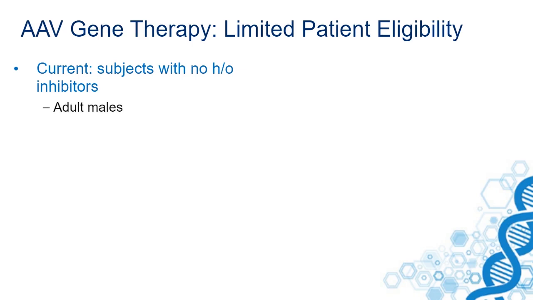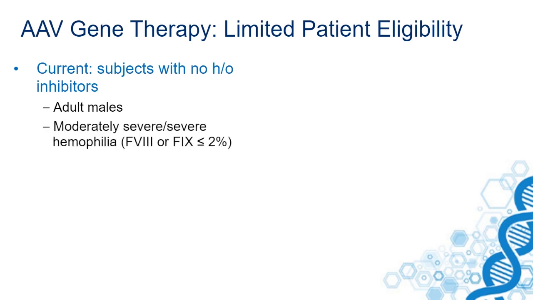They're adult males. For factor VIII, generally, they require less than 1%, although that's becoming a little more lenient, and with factor IX, less than or equal to 2%. Patients who have pre-existing antibodies to the AAV vector are excluded.